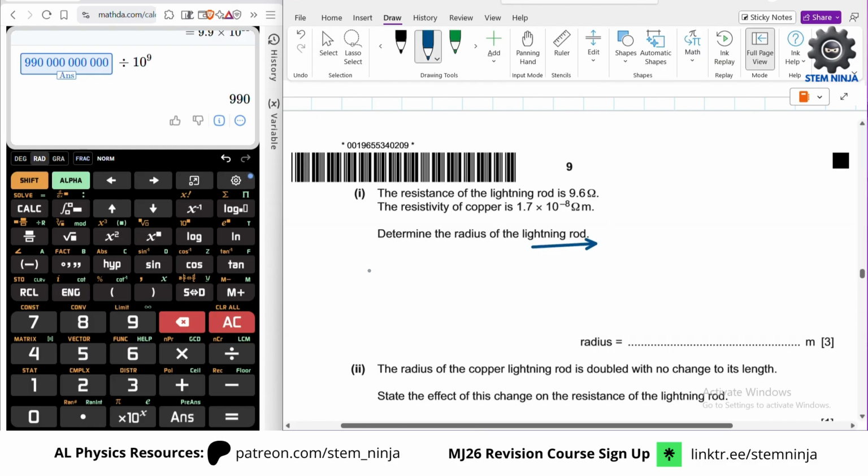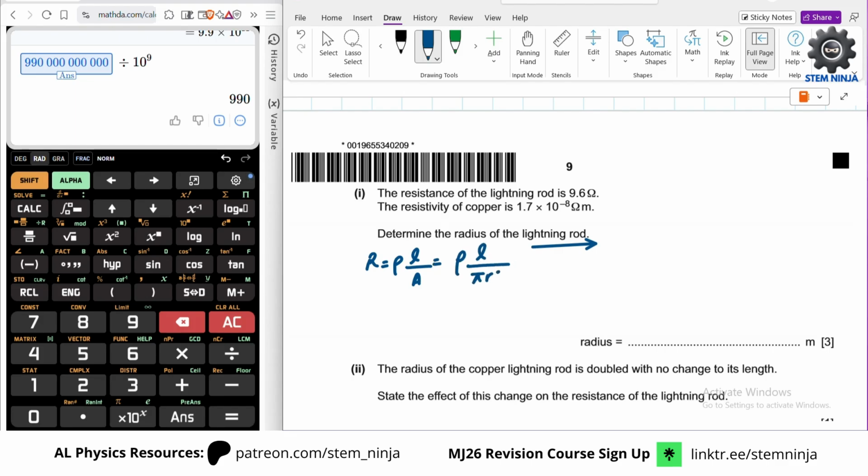Okay, so we know that resistance is rho L over A, and A is pi r squared. r squared is what we need at the first. So first we make r squared the subject.